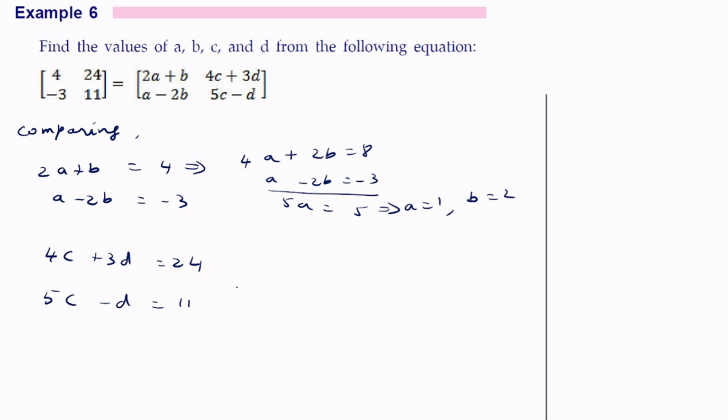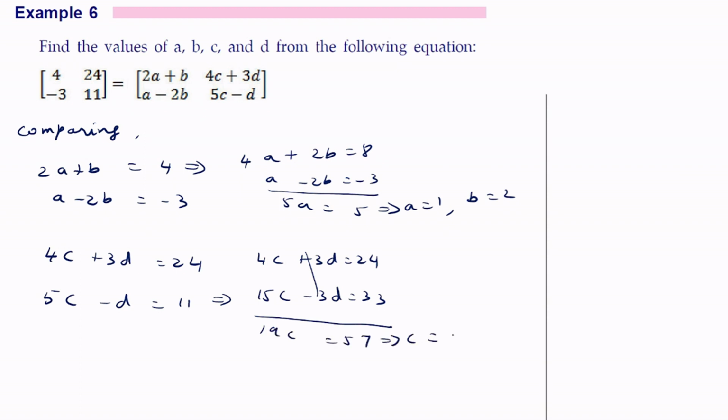Then here we can multiply this equation by 3. So we get 15c minus 3d equal to 33. This is 4c plus 3d equal to 24. If we add these two, the d terms will cancel. We will get 19c equal to 57, or c equal to 57 by 19, which is 3.